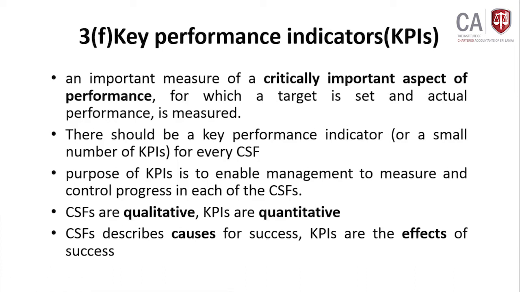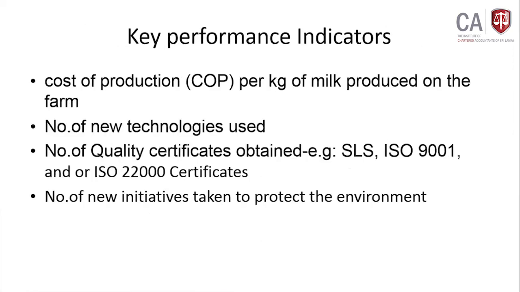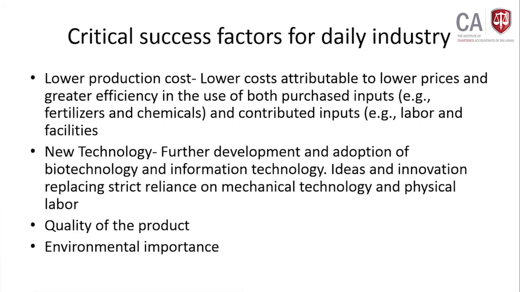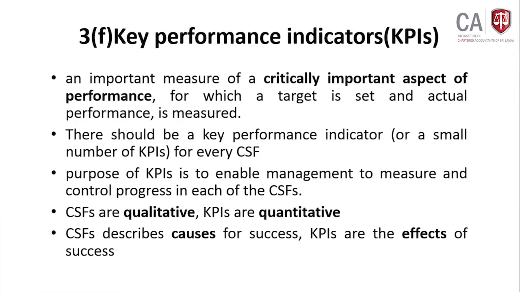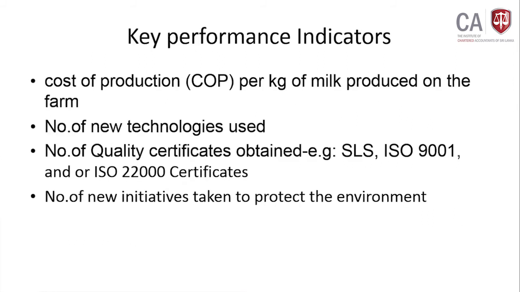You identify at least one KPI for each CSF identified. The first CSF we identified was lower production cost. So, I am going to identify a KPI related to that: cost of production per kilogram of milk produced on the farm.